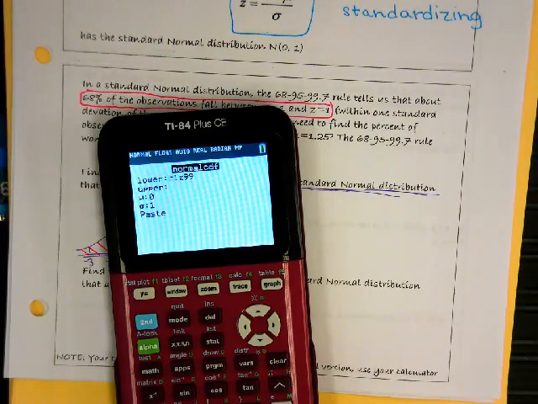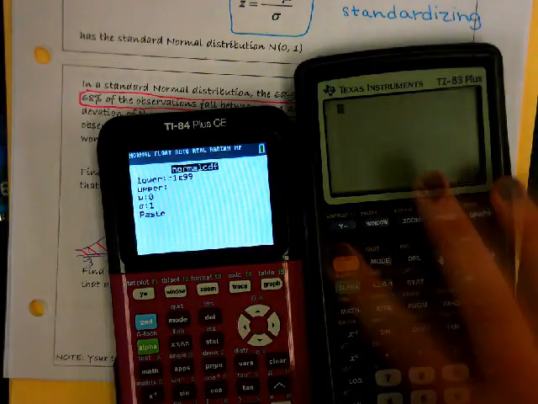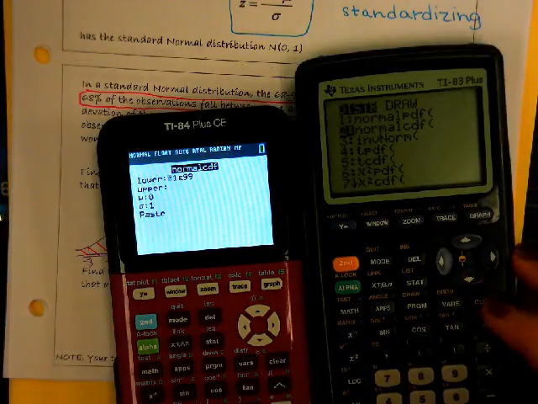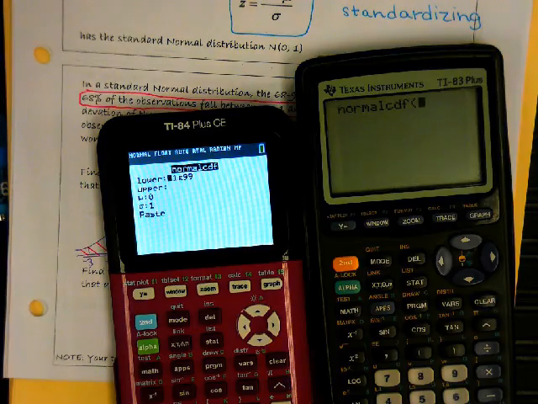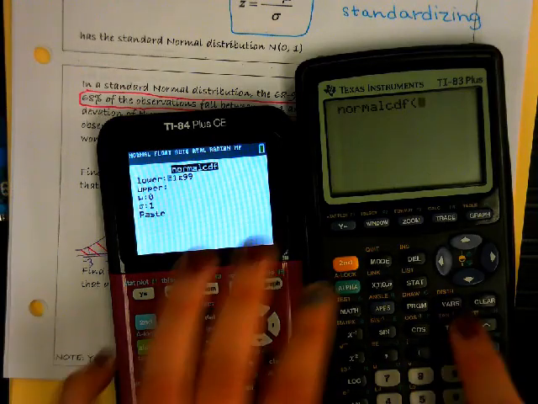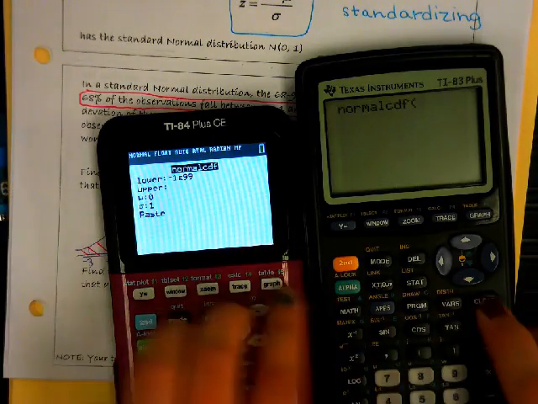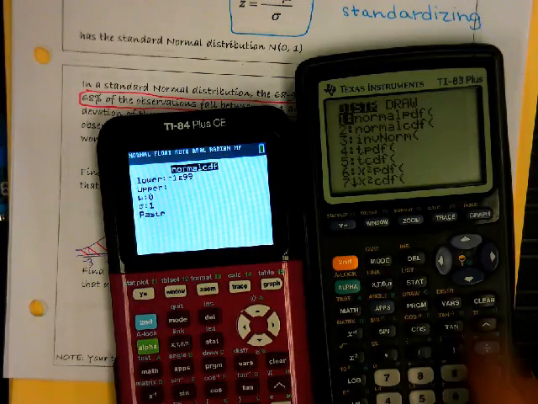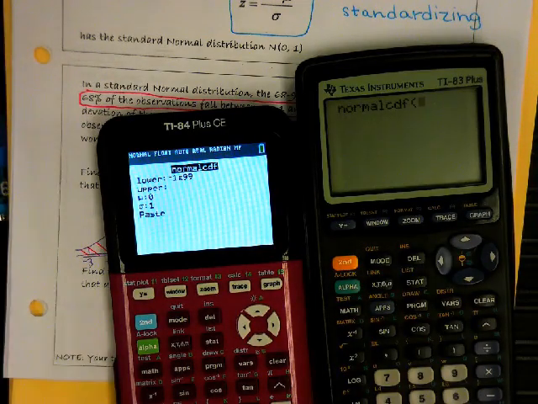Just second bars and then number 2, and it should put it into the home screen for you. It's going to ask for the lower, the upper, the mean, and the standard deviation. Even though it doesn't ask you for it here, that's what it wants: the lower, the upper, then the mean and the standard deviation.